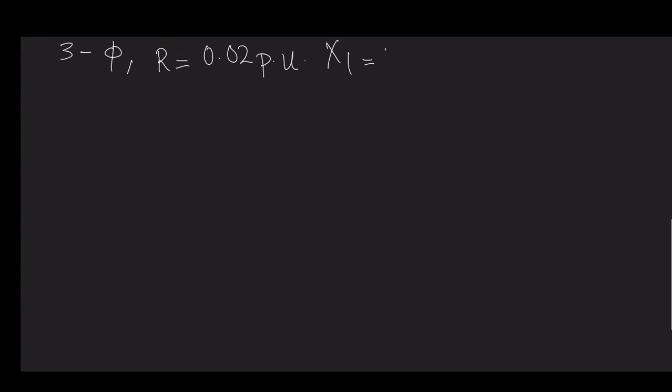Leakage reactance XL is equal to 0.10, again in per unit, and unsaturated synchronous reactance, eight per unit.